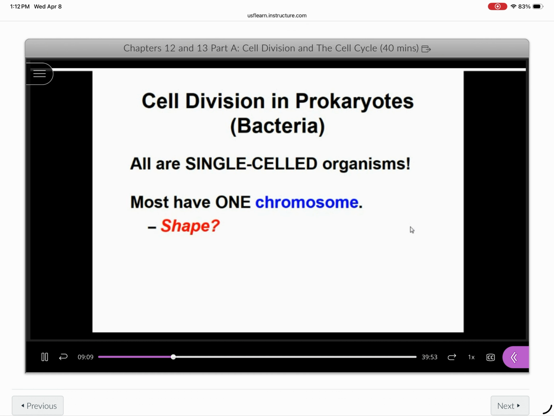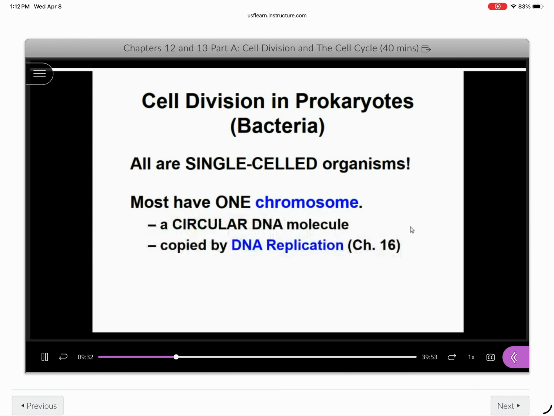Circular. It's a circle. It's a circular DNA molecule with no ends. And what we might say, a covalently closed circle. Okay, to tie it back to chemical interactions we're aware of. Circular DNA.